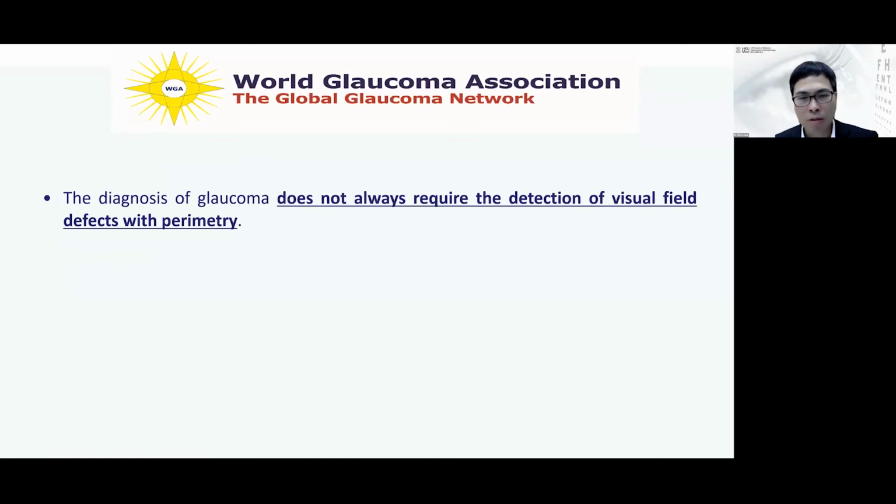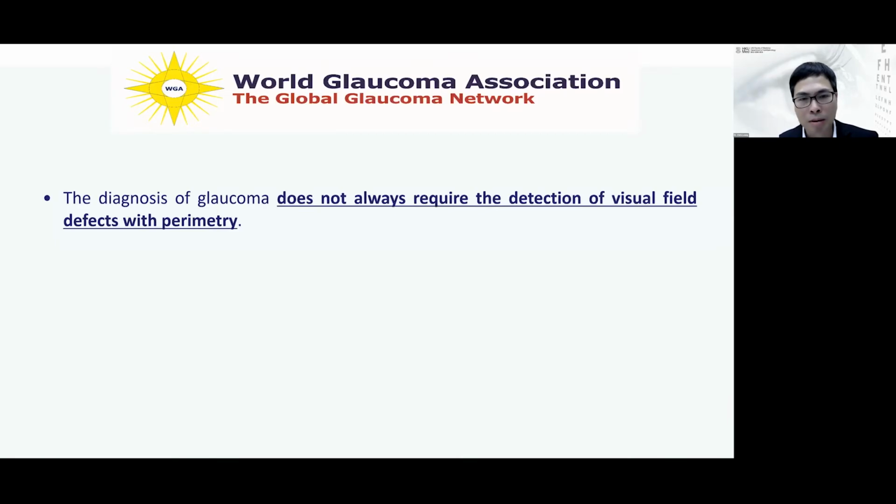Now, the role of visual field in the diagnosis of glaucoma, and here we have this consensus statement, which says we actually do not always need visual field for diagnosis of glaucoma. It is important to recognize that glaucoma is a chronic progressive optic neuropathy. And with OCT, we can image and measure the retinal nerve fiber layer and the GCIPL thickness.